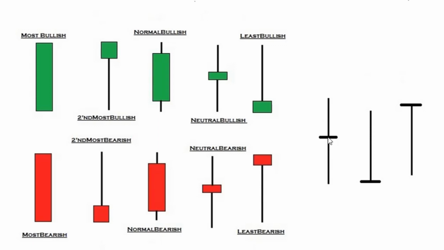If it went down, then it went up and closed over here. Or if it went up, then went down and closed over here. There are multiple ways. But the point is that neither buyers nor sellers could dominate or show their strength in this particular session. So this is a neutral candle.